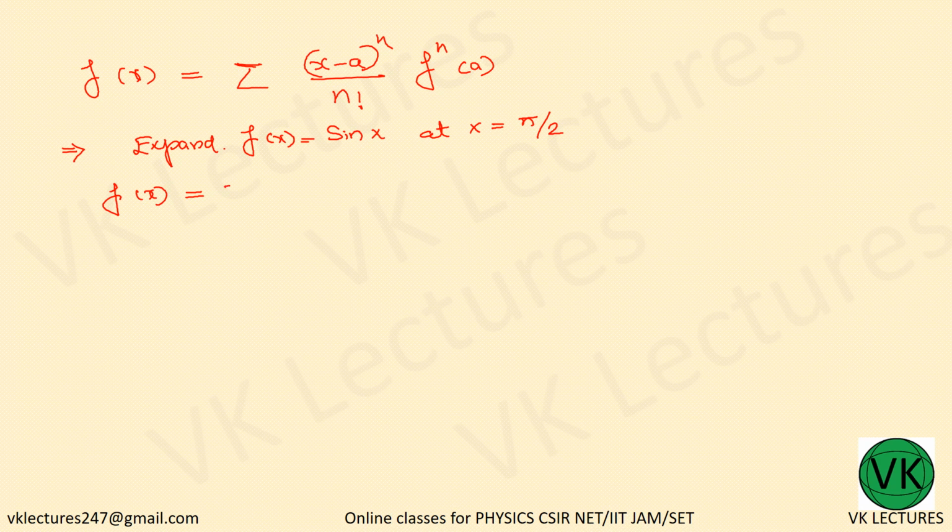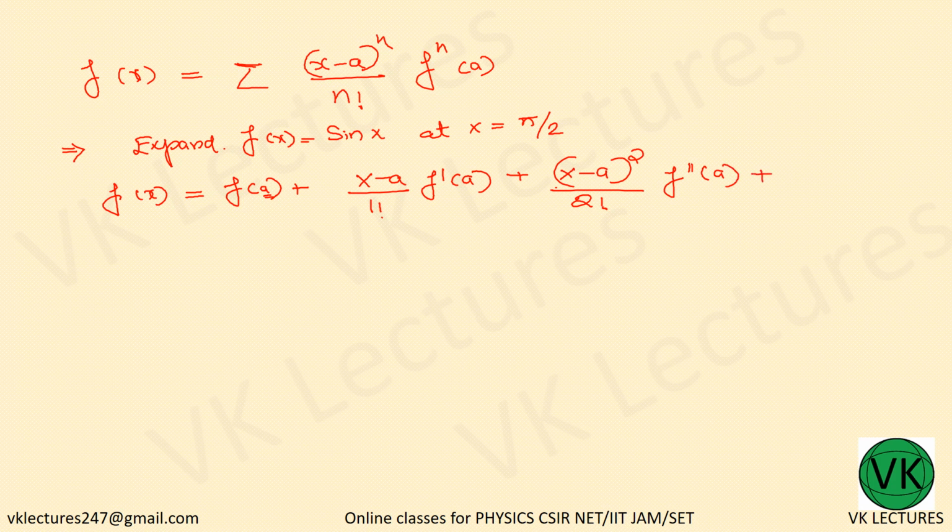f of x is equal to f of a plus (x minus a), the point where we have to define, by 1 factorial into f dash of a, plus (x minus a) whole square divided by 2 factorial into f double dash of a, plus (x minus a) cube divided by 3 factorial into f triple dash of a.